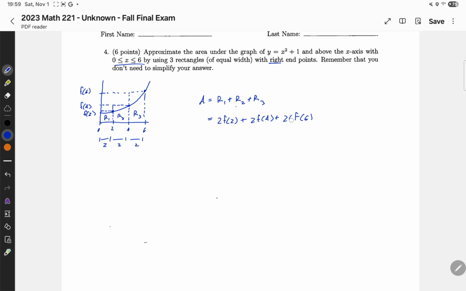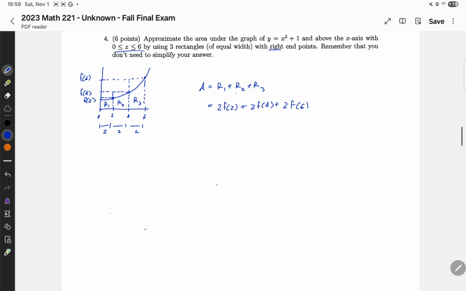All right, so now let's just calculate each of these values. f of 2 is equal to 2 squared plus 1, which is 4, plus 1, which is 5. f of 4 is equal to 4 squared plus 1, which is 16, plus 1, which is 17. And f of 6 is equal to 6 squared plus 1, which is 36, plus 1, which is 37, just like that.